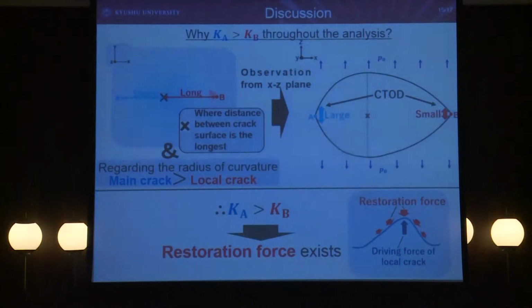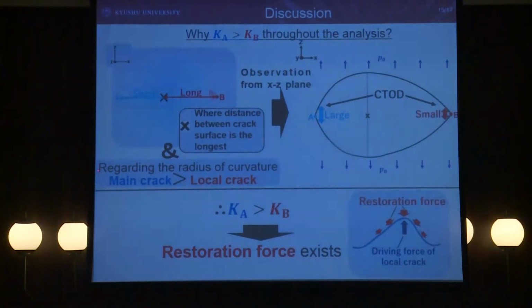And next, here is the discussion slide. Why was Ka larger than Kb throughout the analysis? In these schematics, the X mark is the point where the distance between crack surfaces is the longest. So the distance between point A and the X mark is shorter than that between point B and the X mark.